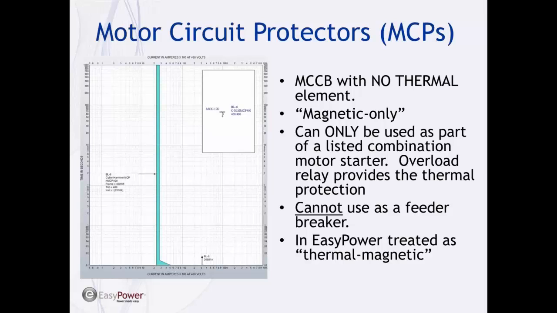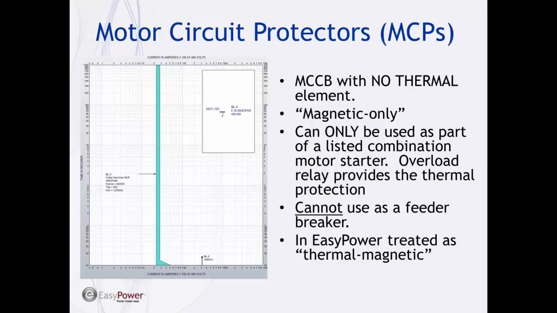So a special type of molded case breaker that we deal with quite a bit is the motor circuit protector, or magnetic only breaker. The motor circuit protector is actually, I believe, still a trade name of Westinghouse, Cutler Hammer and Eaton.